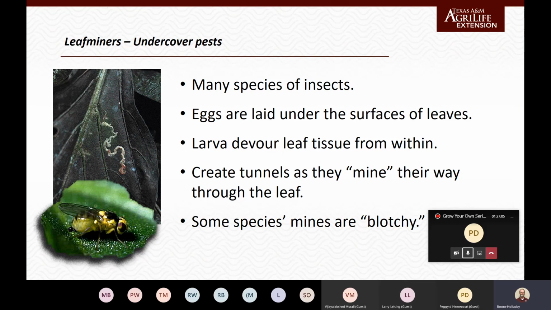Leaf miner that I mentioned, you would see this zigzagging tunneling within the plant, and basically this adult here lays the egg into the foliage, and the larvae just crawls around eating it. And so most of the time this is not really an issue that we want to address.